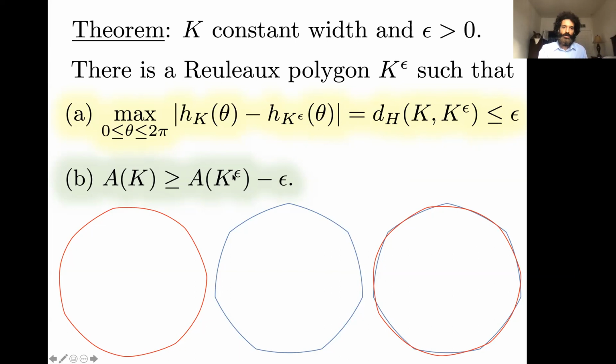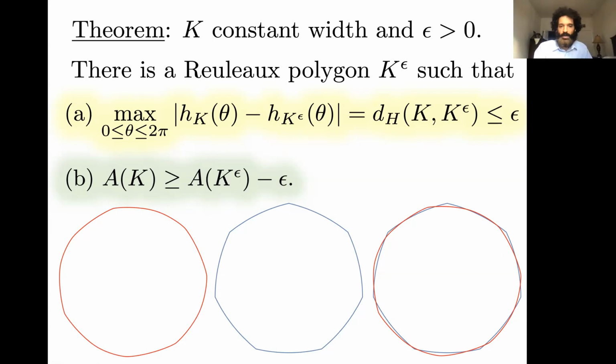And so this Reuleaux polygon can be chosen to bound your area from below within epsilon. Just naively, I took one of these shapes that, like I said, I cooked up on my computer. This is back from the slide when I showed 6 shapes of constant width.